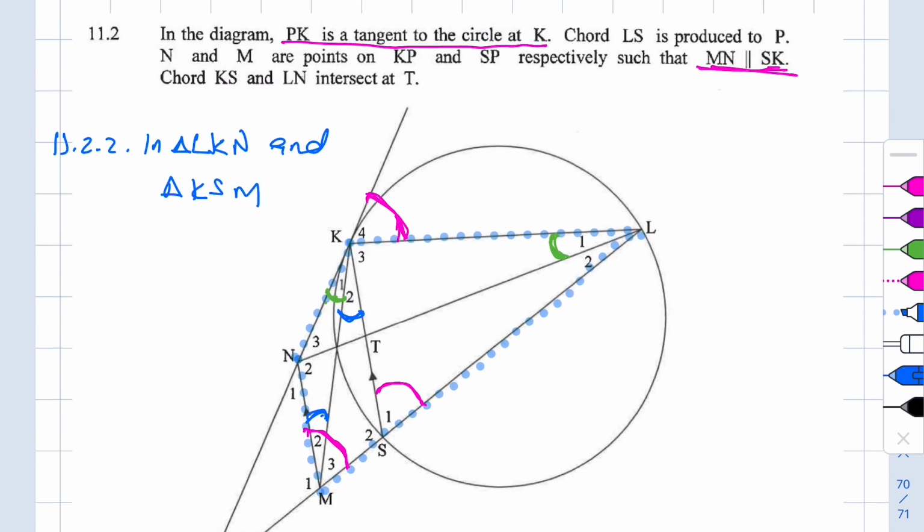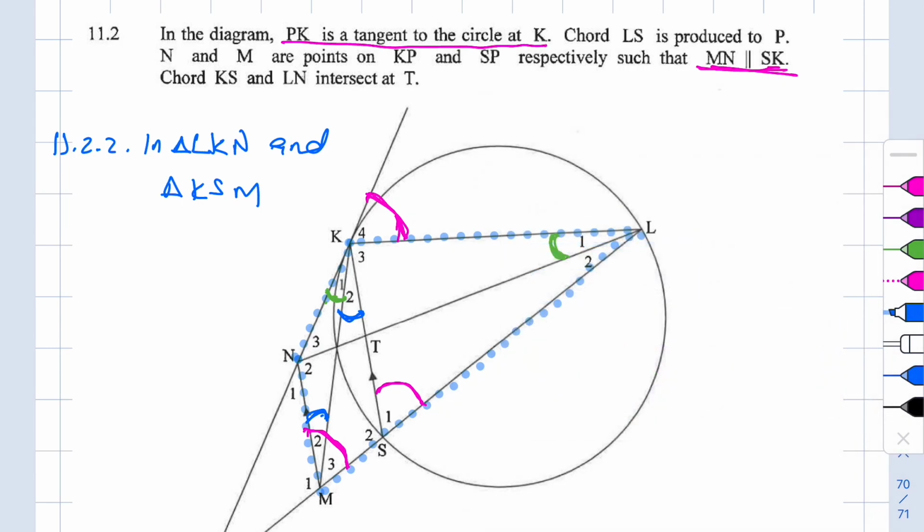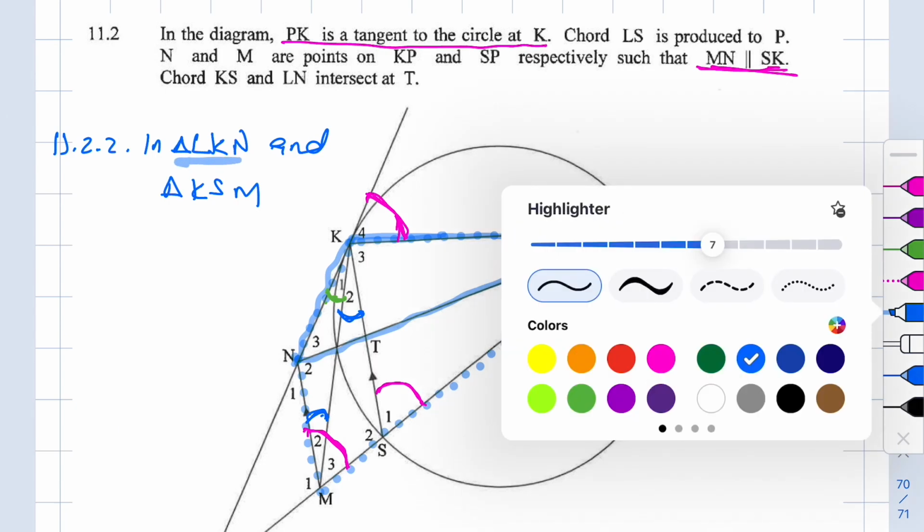So let's highlight those triangles. So triangle LKN, that's the triangle. Okay. Triangle LKN is the triangle that I highlighted in blue. Let's do another one.